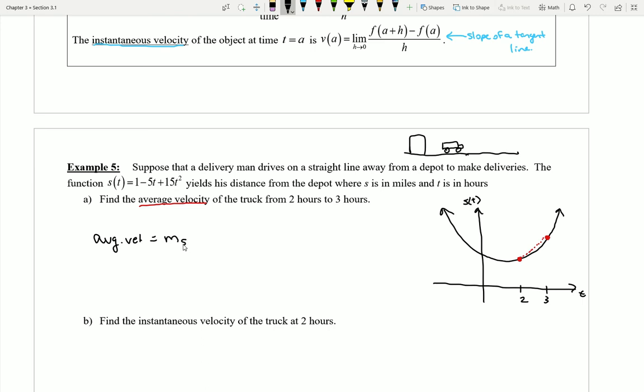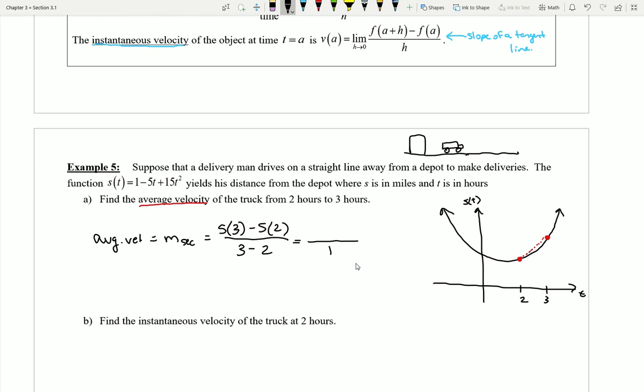I can easily get that by doing s of 3 minus s of 2 over 3 minus 2. Change in y over change in x, or in this case, change in s over change in t if you work with the appropriate variables. So this is really easy. If you compute the top, I'll compute the bottom, division of labor. Here we go. I got 1.